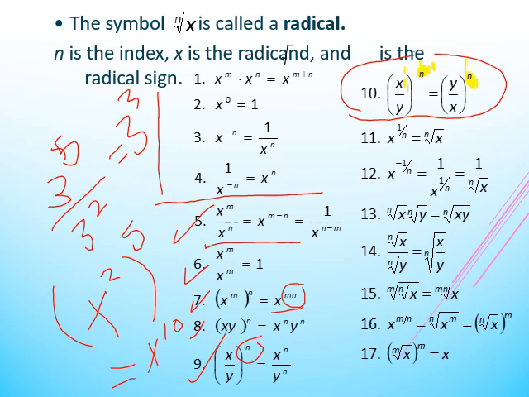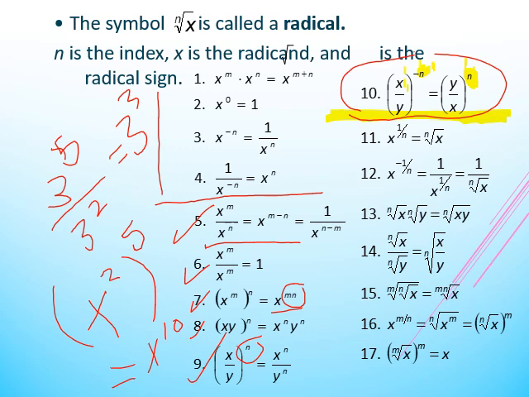The numerator will be the denominator and the denominator will be the numerator. So just make the fraction in the opposite way, and the power will be positive. With rule number 10, we got all the related rules for the exponents.